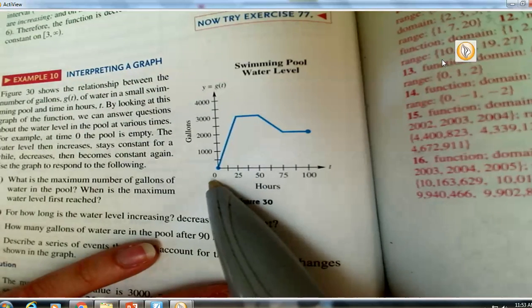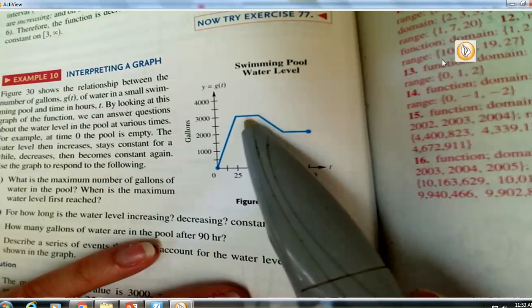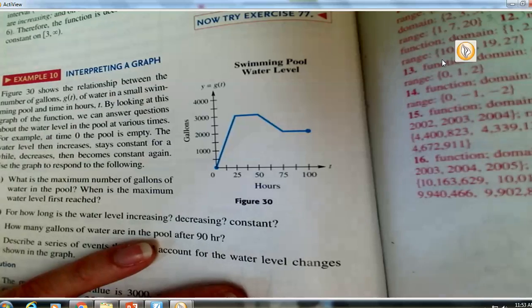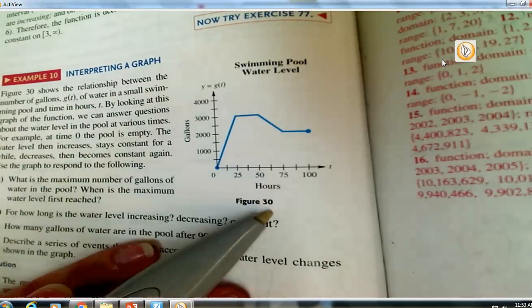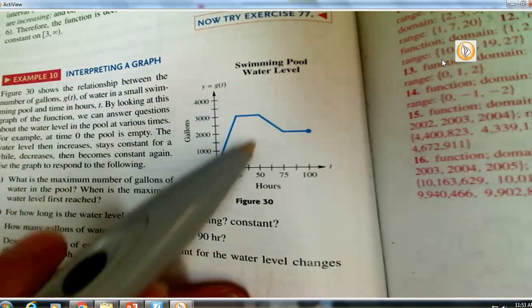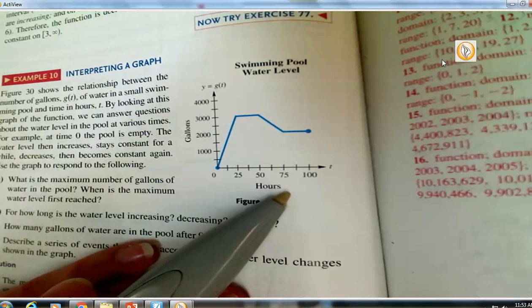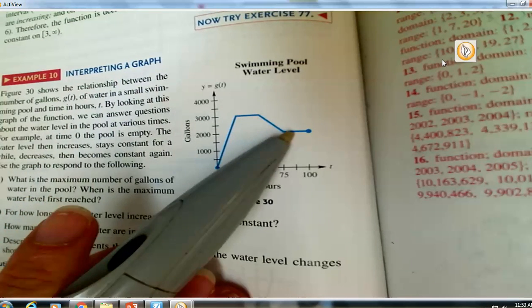B, how long is our water level increasing? From 0 to 25, so it would be increasing for 25 hours. How long does our water level decrease? It decreased between 50 and 75. So 25 hours. How long was it constant? 50.